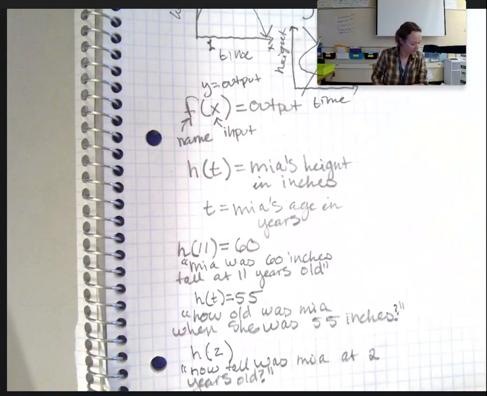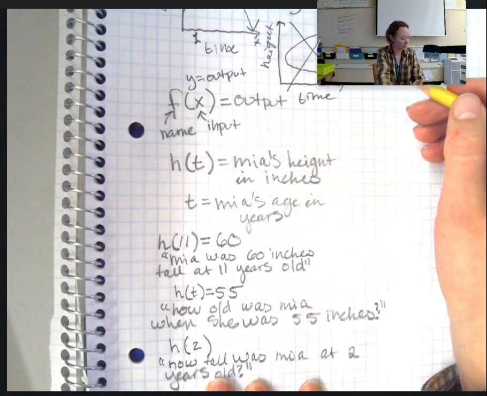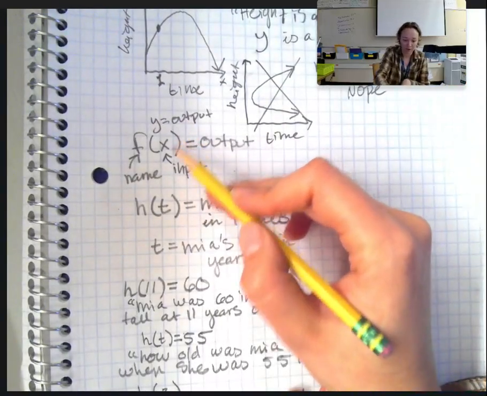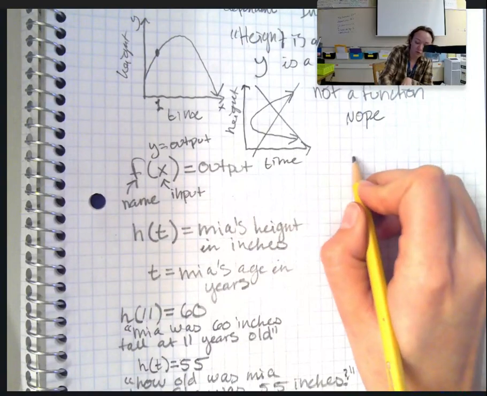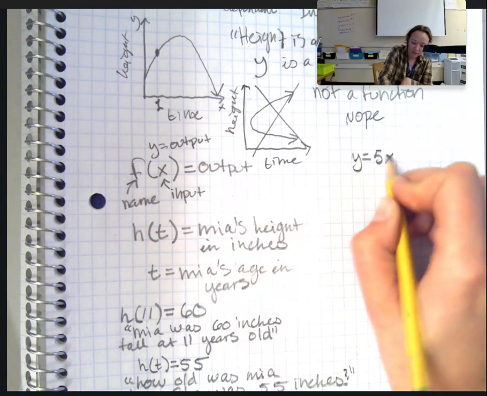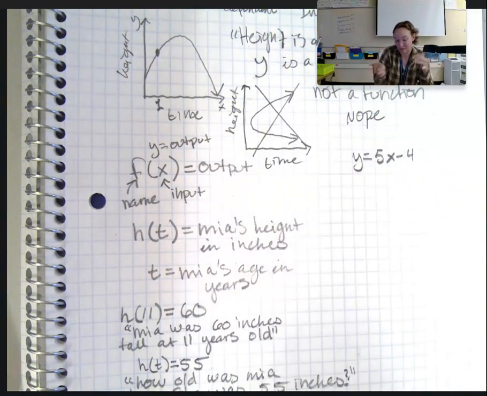All right. Other thing I want to talk about is how we can use this as an equation. Just like what I was trying to explain over here, we're very used to working with functions like y equals, let's say, 5x minus 4, right? This can just be a new way to write that.